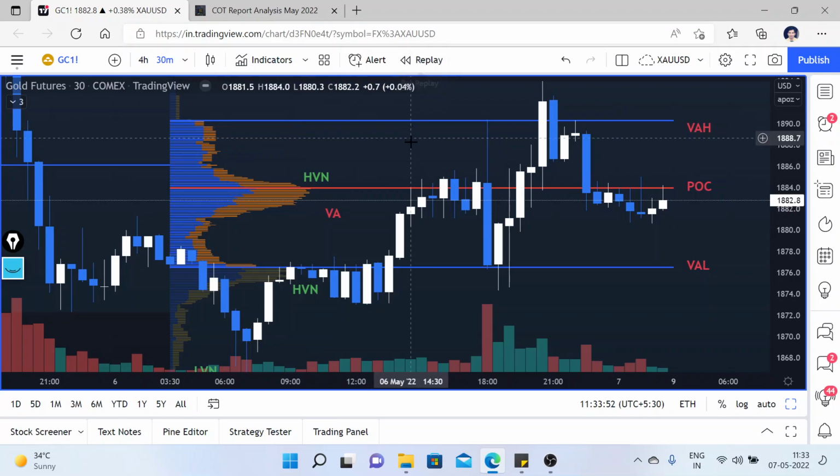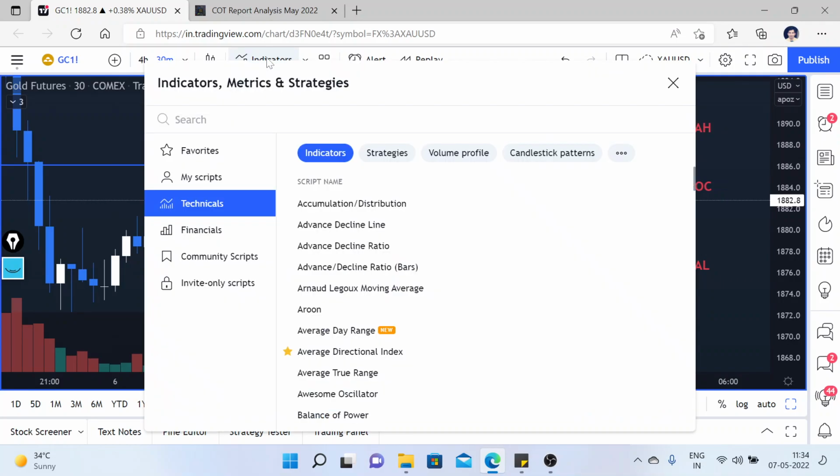Different software provide different interfaces for their indicator setup. So this is the TradingView chart, and when I click on indicator, there are different menus over here.